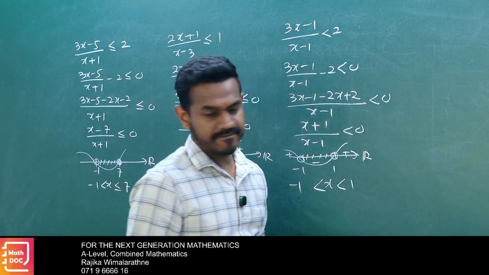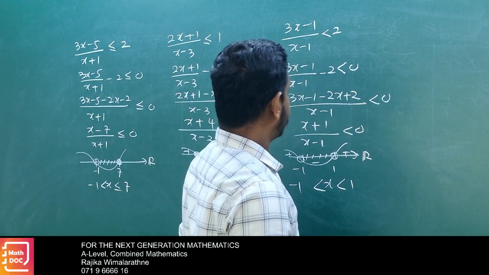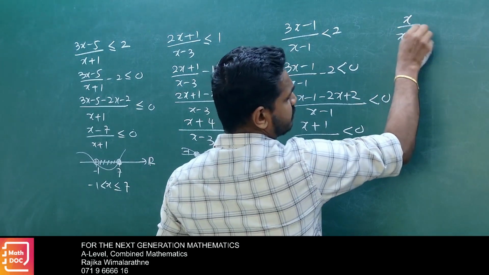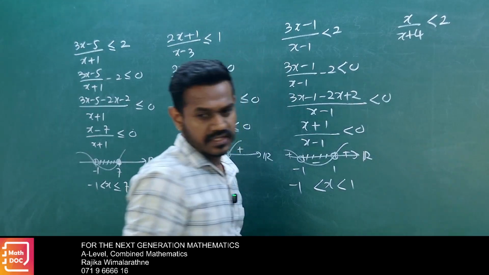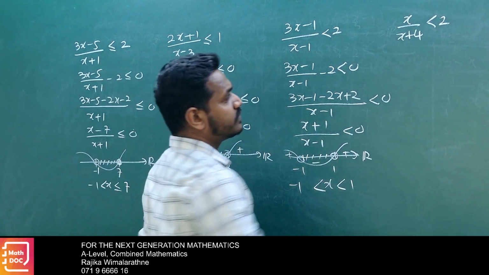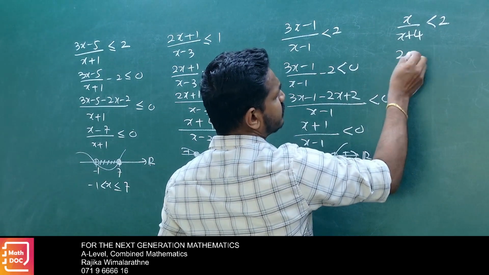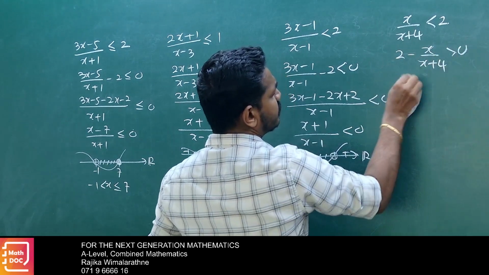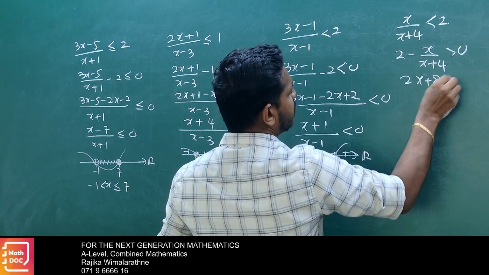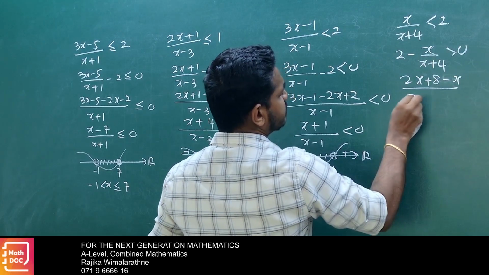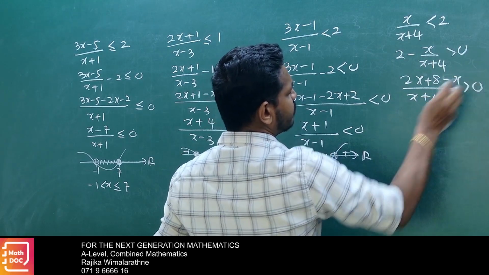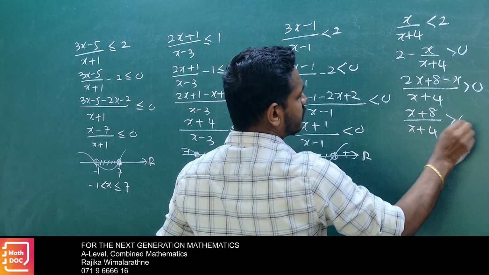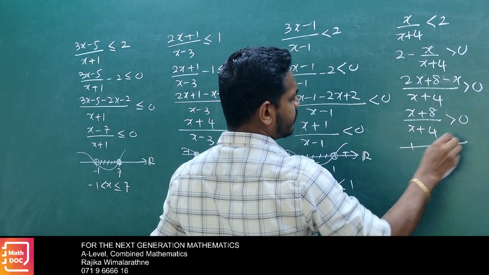Then x over (x plus 4) less than 2. Take this one here. Moving terms over: (2x plus 8 minus x) over (x plus 4), which is (x plus 8)/(x plus 4) greater than 0, no equality.